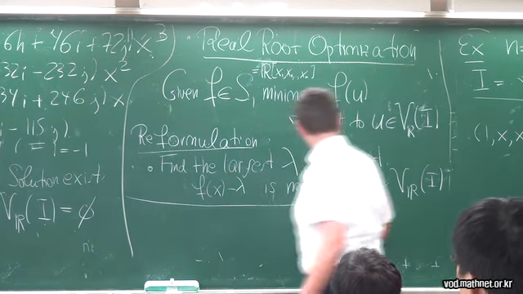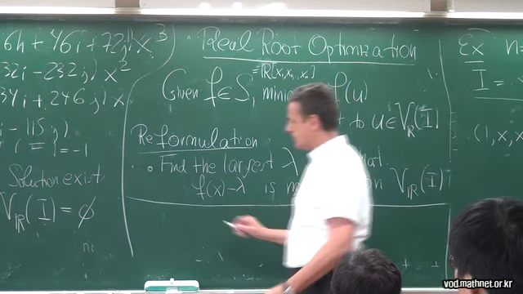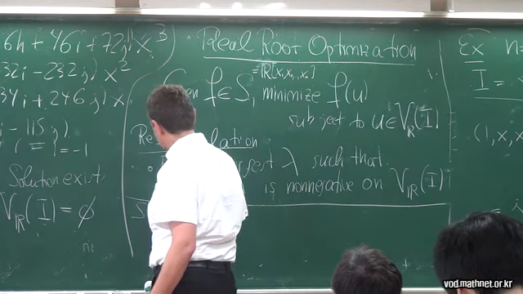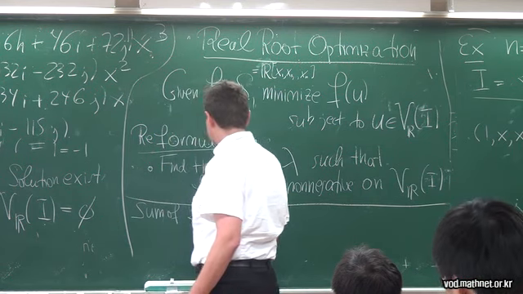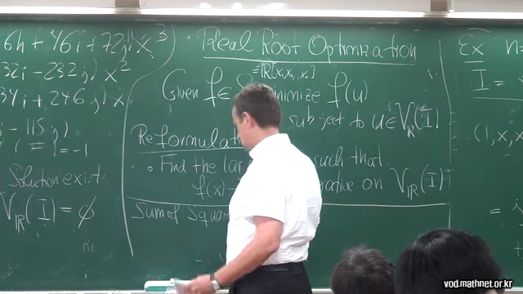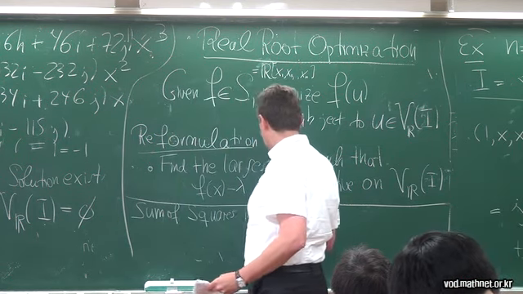So let's reformulate this one more time. Sum of squares in an Artinian ring.